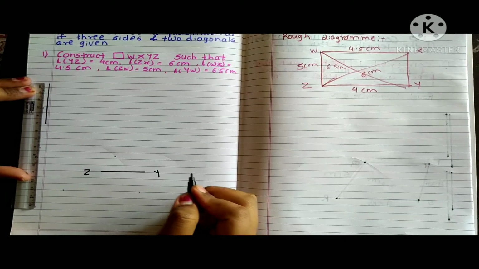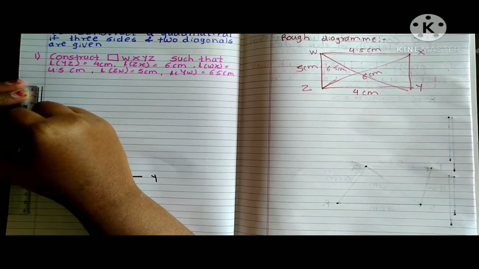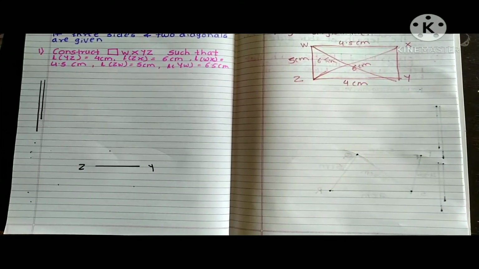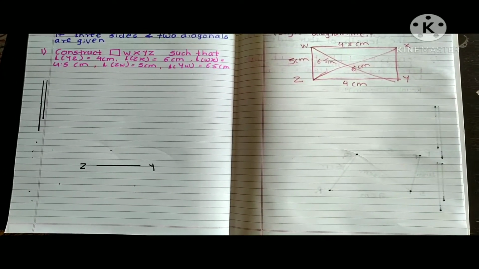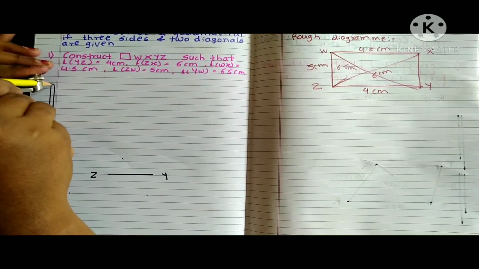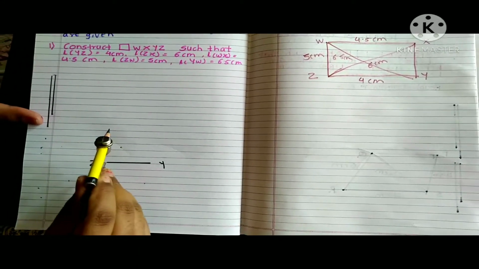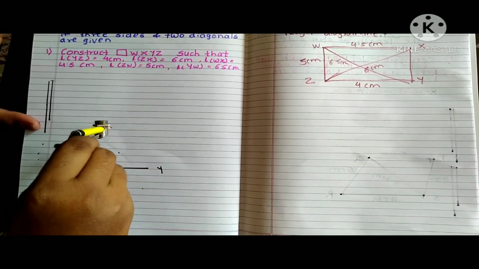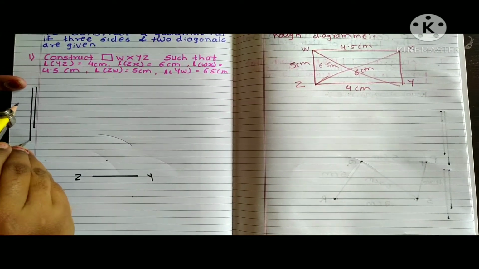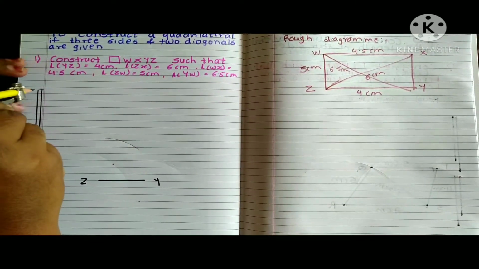And now I will draw the line of YW also right now, but if you people will get confused, you can draw it afterwards also. Children, these lines help you to measure the measurement in the rounder and to make your construction accurate. So this is my 5 centimeter, that is ZW. So let's try to draw the point W from Z, and this is my length of the line YW.